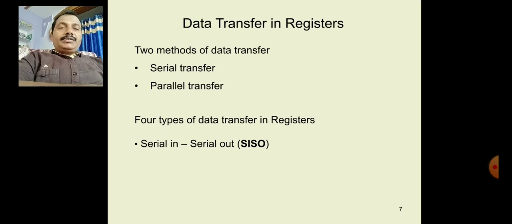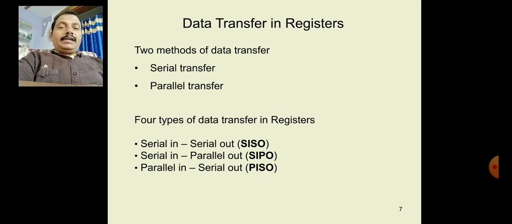That is serial in, serial out shift register, serial in, parallel out shift register, parallel in, serial out shift register PISO, parallel in, parallel out shift register PIPO. So these are the possibilities of classification of registers.